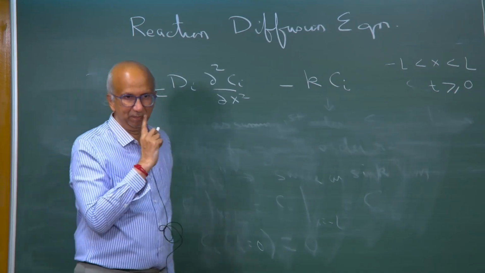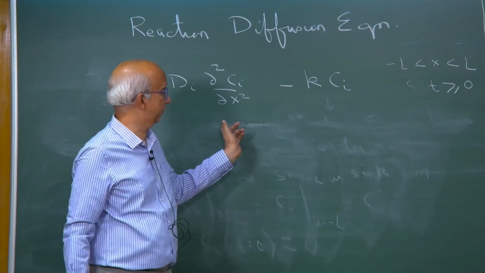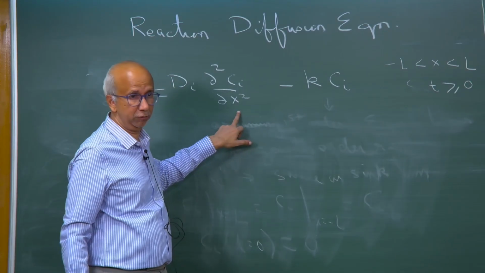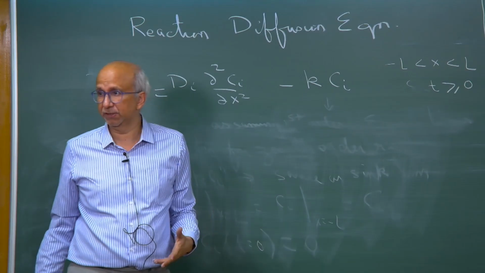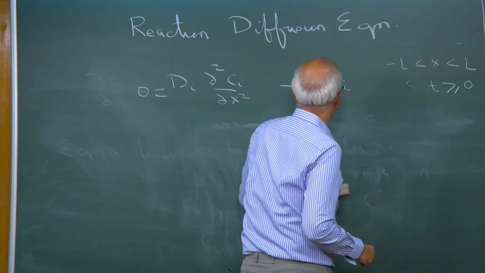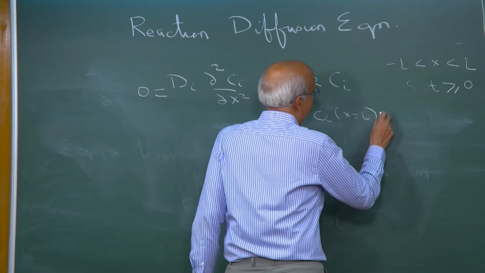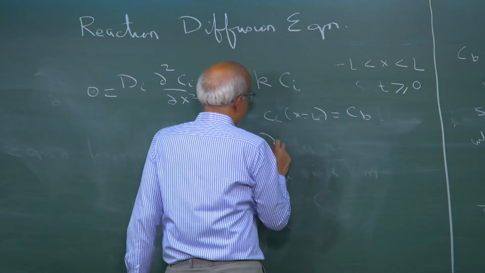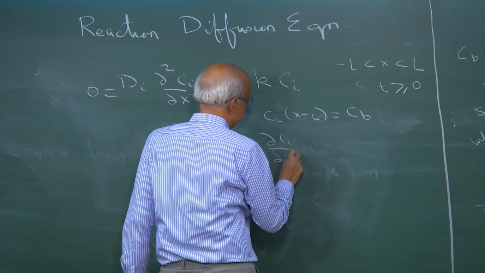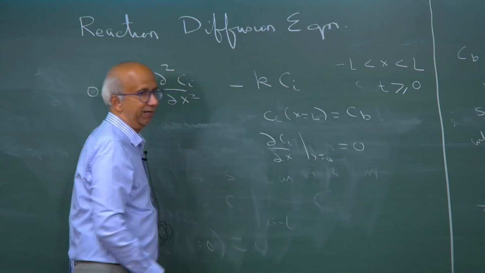The reason this is called a reaction diffusion equation is because there is a reaction term and a diffusion term, and they are basically balancing each other. So now my problem is: Ci at x equal to L is Cb, and dCi/dx at x equal to 0 is 0. This is from the symmetry.